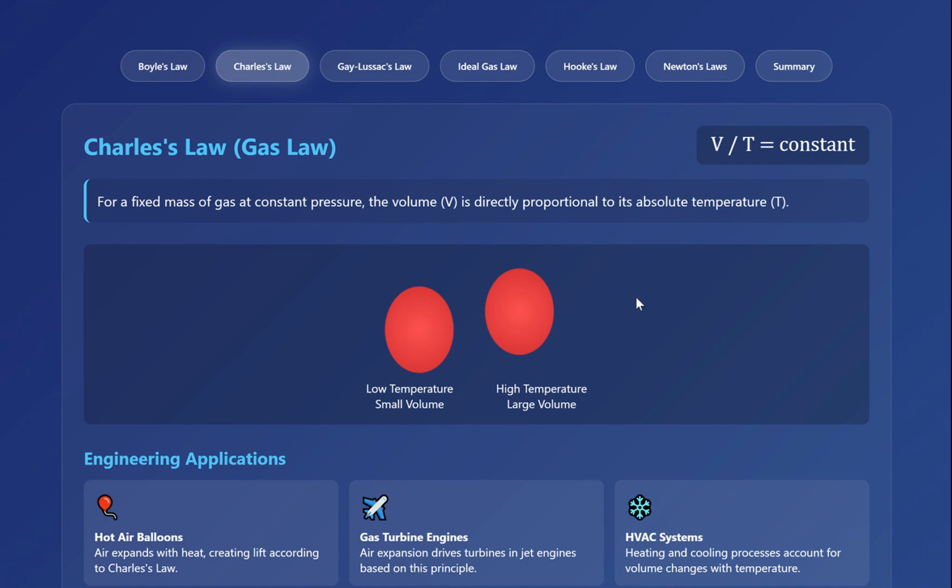From this, he varied volume and temperature to see how they behave. He obtained a direct proportion. When you increase volume, temperature increases. When you reduce volume, temperature also reduces. This is the relationship: V over T gives you a constant.